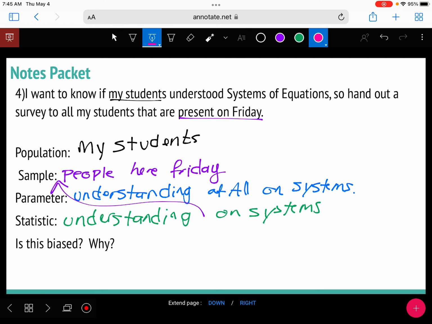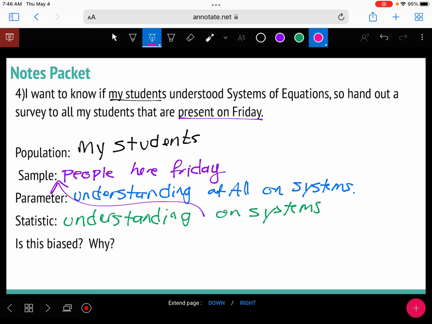Because honestly, my opinion on this is that this is all right. I'm looking for my students, I asked my students, I took a sample of my students, even if some weren't here on Friday for whatever reason, I still think it's an okay sample. As long as I'm not tilting the deck in one direction. If I asked on skip day, then maybe it's the people who didn't care as much that weren't here.